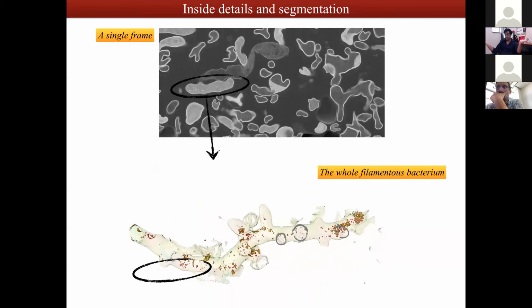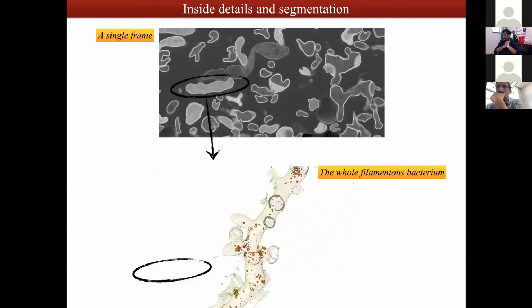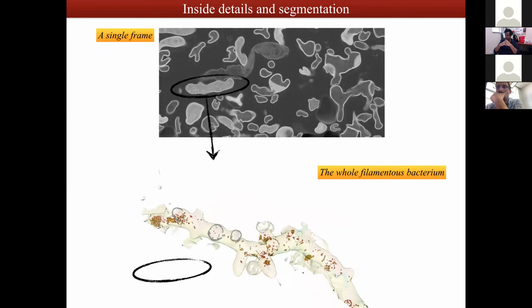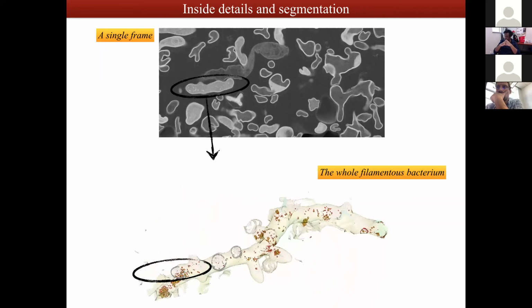Keep in mind that this is just a simple example. We have not done any further studies on it. So this is the kind of detail you can get. Note, those globular domains are not more than 20 nanometers, which is very high in terms of resolution for an SEM. Okay, all right.